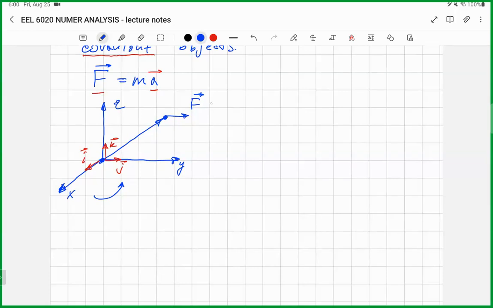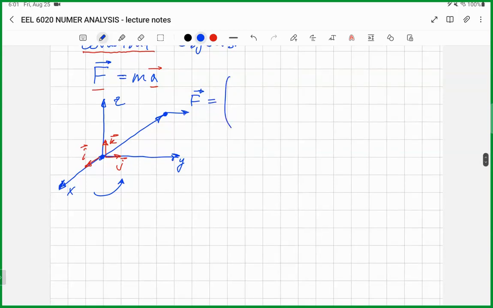But as we set the coordinate system, this vector gets the components in this particular coordinate system, fx, fy, and fz. And of course, when you rotate this coordinate system, these components change.